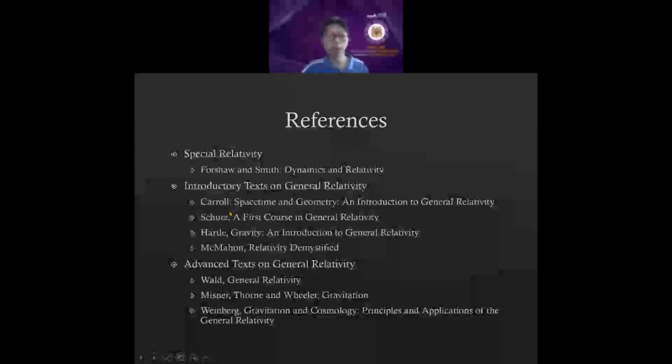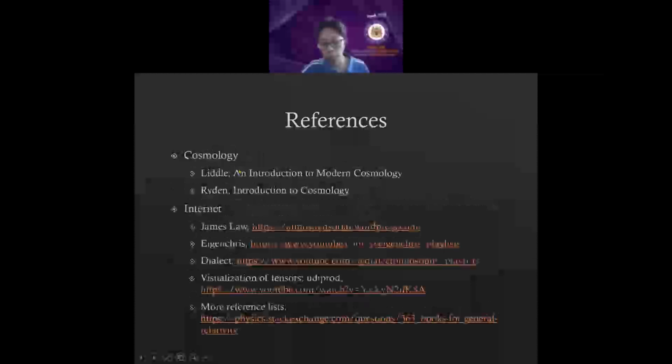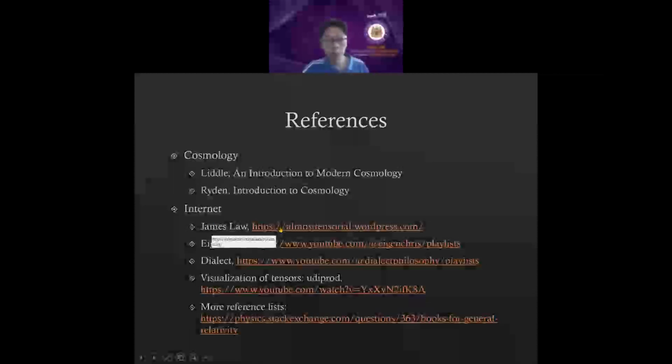So that is textbooks. Of course, you can also refer to the internet. This one is for cosmology. And I would like to highlight this website by James Law, who was a student in USM. He created this website. Let's see if I can bring it up.